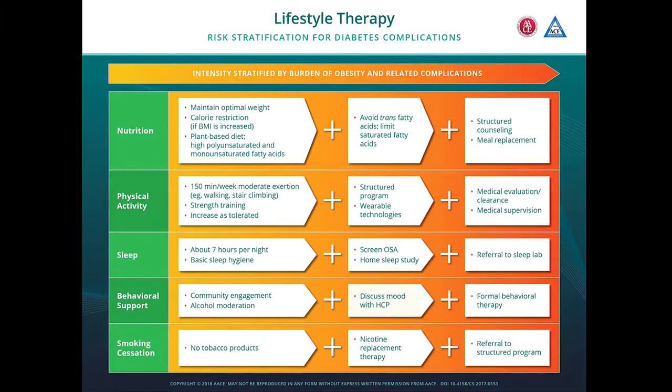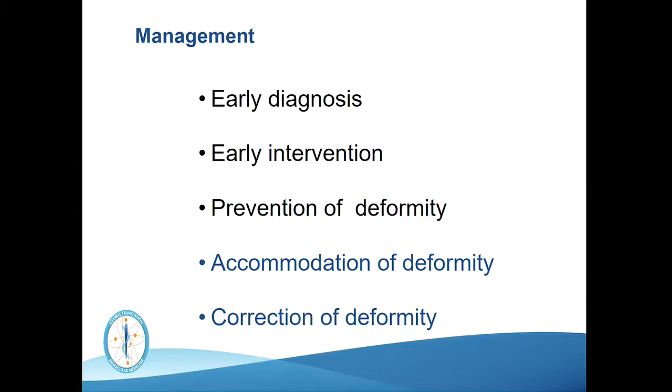And then regarding nutrition, something that's quite new that's been put into these guidelines is the recommendation for a plant-based diet, high in polyunsaturated fats and low in trans fats and fatty acids. So I think that's the first time that a plant-based diet has been recommended.